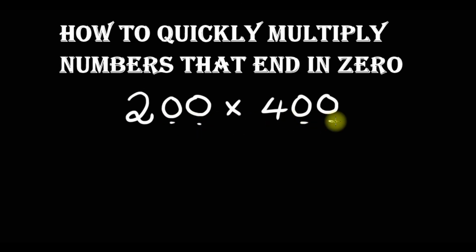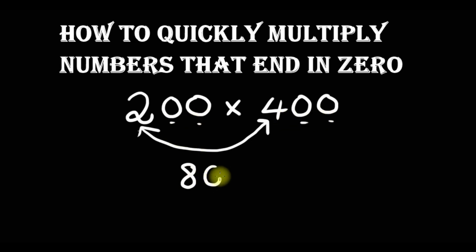So all you have to do is take the 2 and multiply that with the 4 without the 0. So 2 times 4 is 8. And then you're going to add the total number of zeros you have. So you have 4 zeros. So 1, 2, 3, 4. So the answer to it is 80,000.